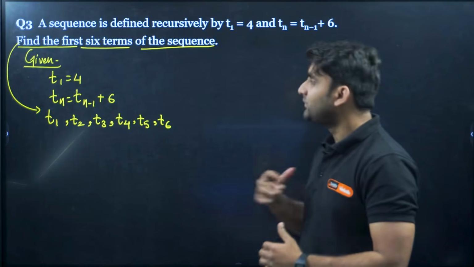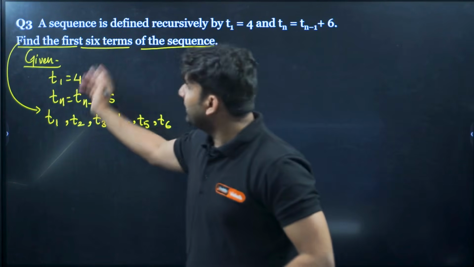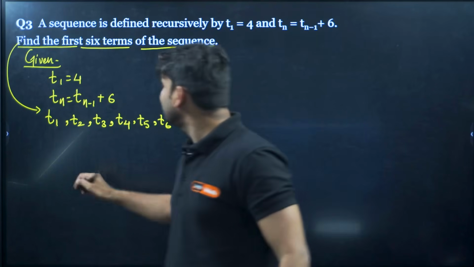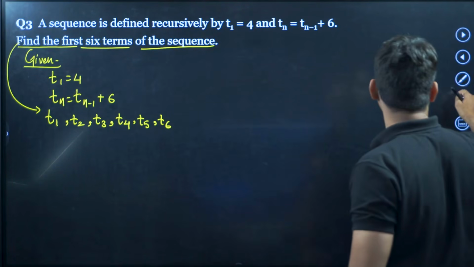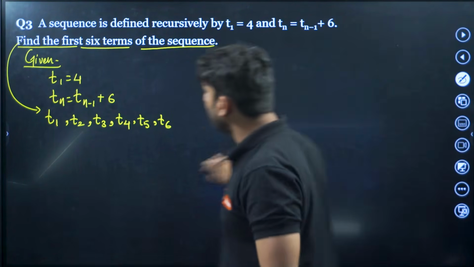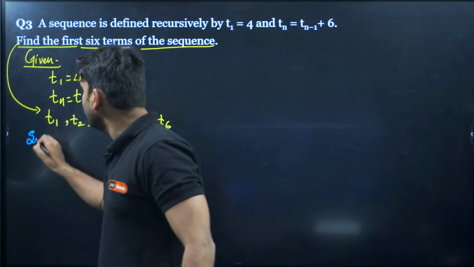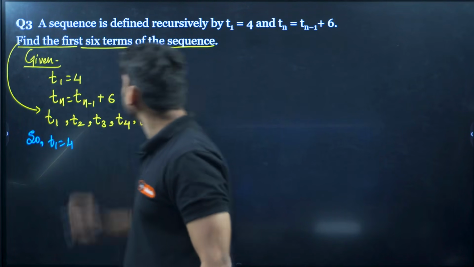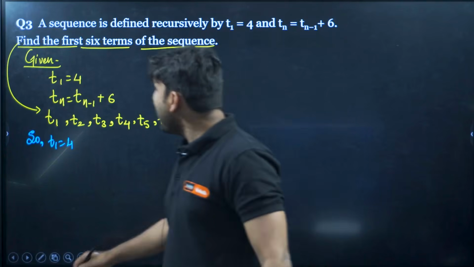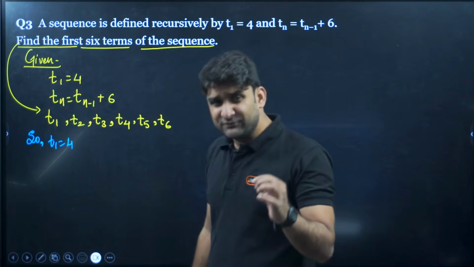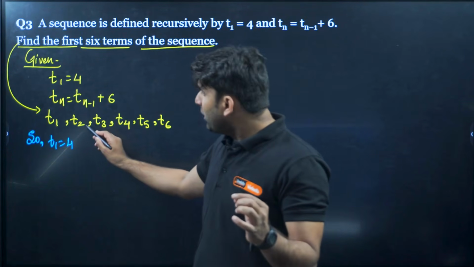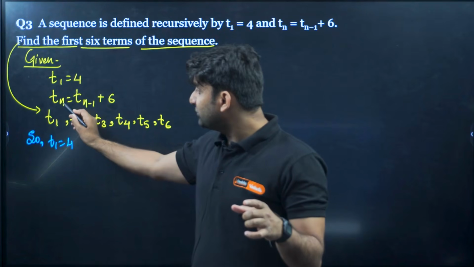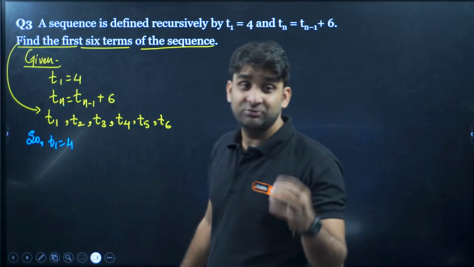Now, T1 is already given to you. Let me use another color of pen, I'm using blue color here. T1 is already given, which is equal to 4. Clear? Now please focus, guys. If you want T2, the second term, at the place of n, this n will be replaced by 2.